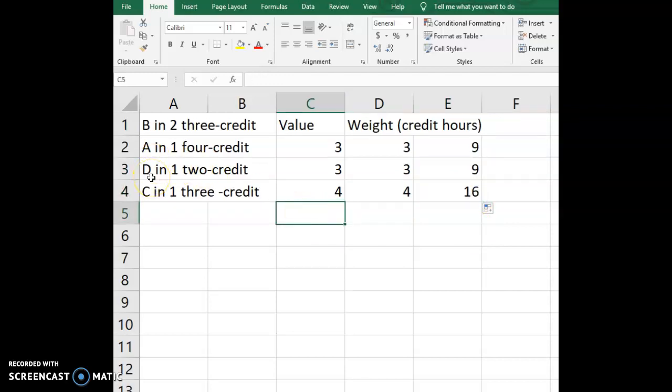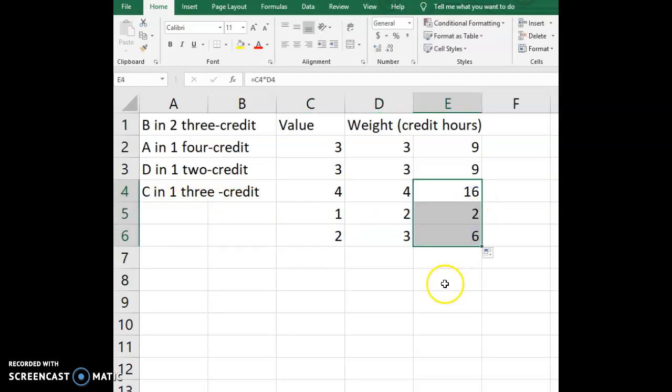So we got a D, which is worth just 1 point in a 2 credit hour class, and a C in a 3 credit hour class, and the C's are worth 2, and it's a 3 credit hour class. All right, so there I've done all my different values, my 2 B's, my A, my D, and my C, and the different weights they have.